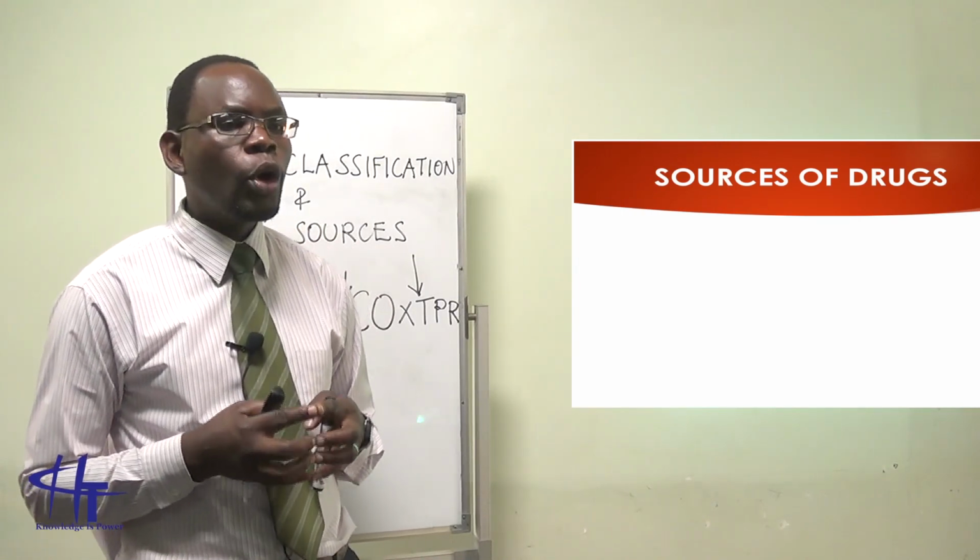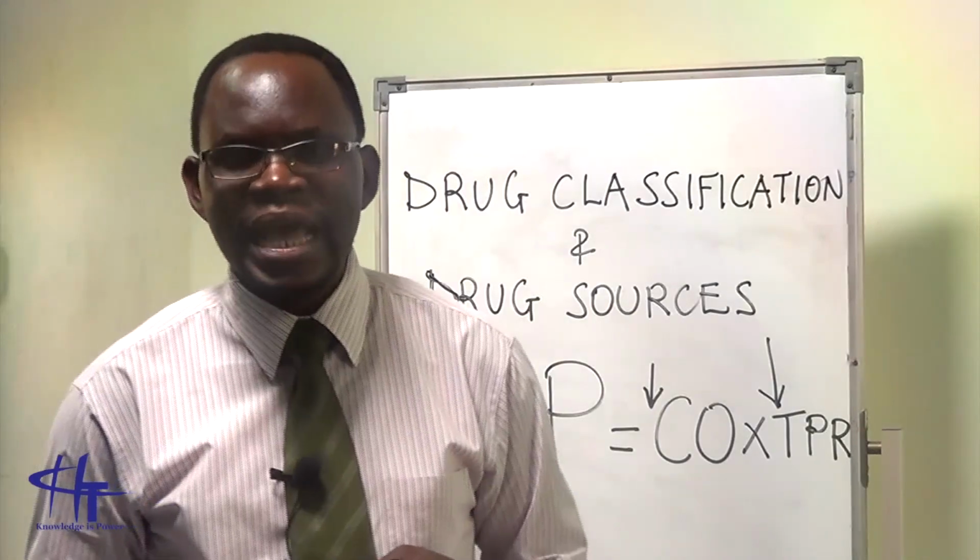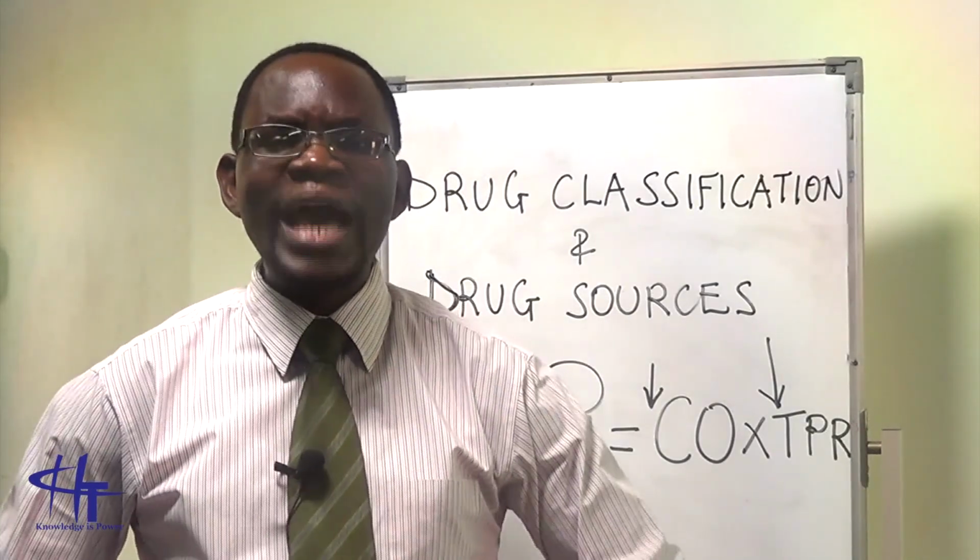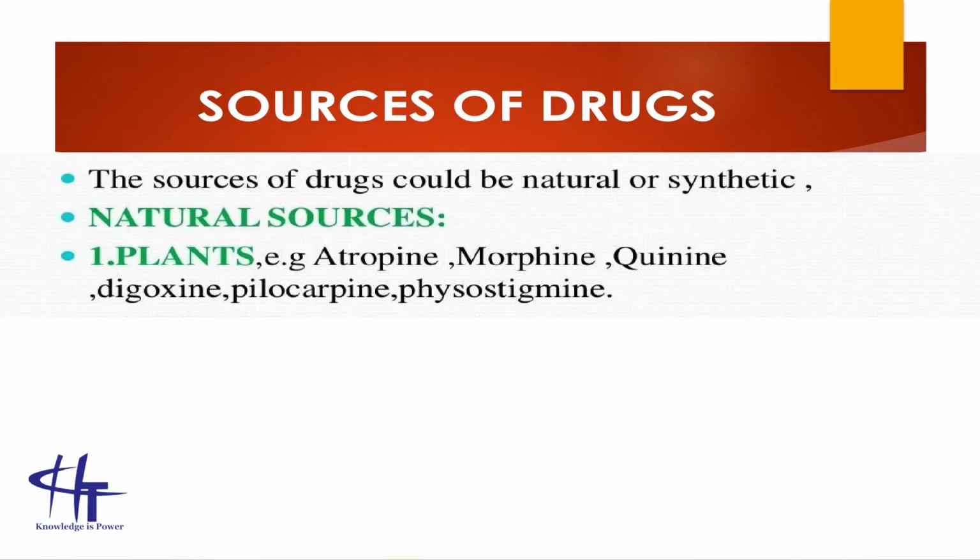We have what we call natural sources and what you would refer to as artificial or synthetic. The natural sources of drugs are plants, and examples of drugs that we get from plants are atropine, morphine, and pilocarpine, which is used in glaucoma.